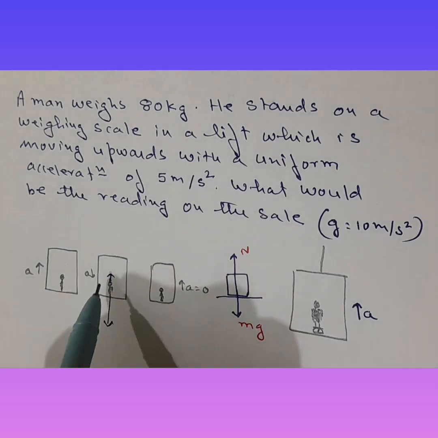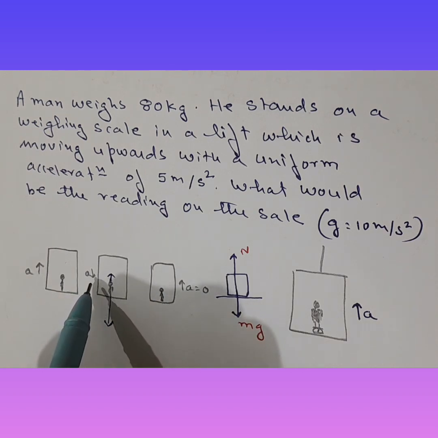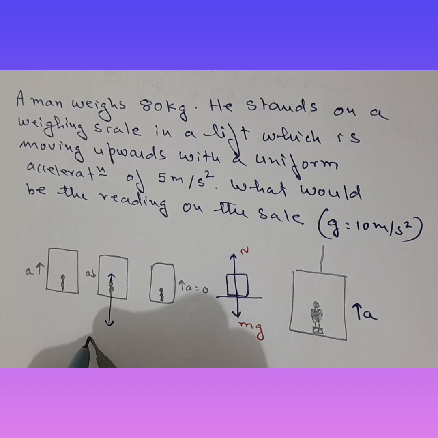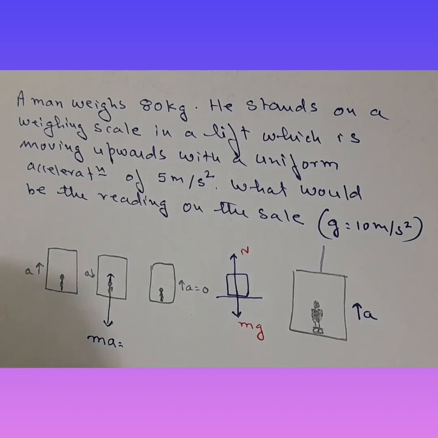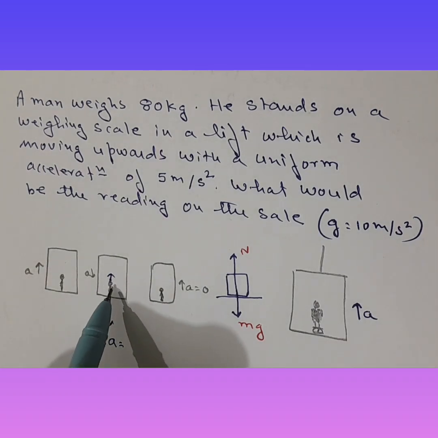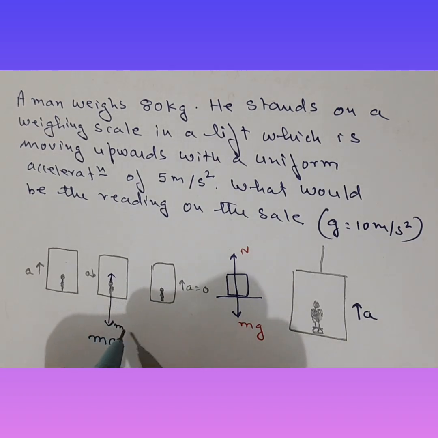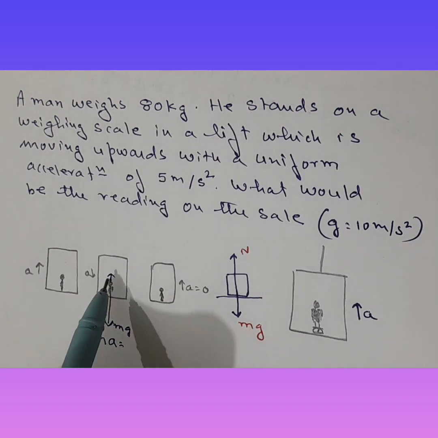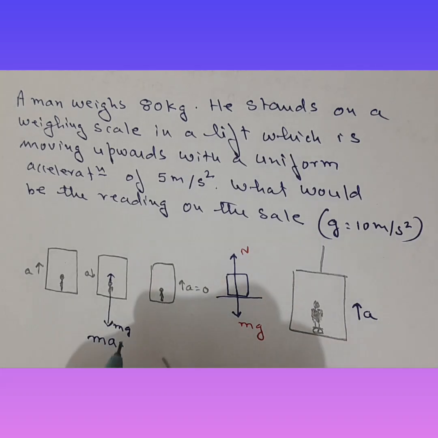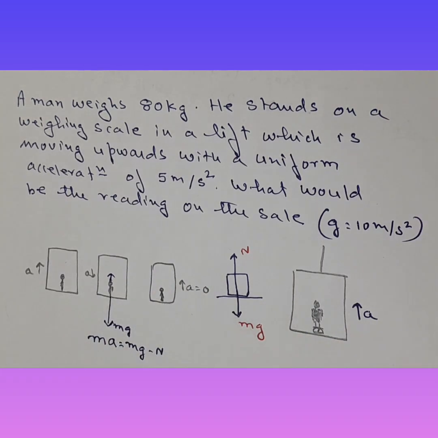It is moving down with an acceleration, so the force that is being experienced is ma. Since you are feeling light, mg is greater than normal. So the equation would be ma equals mg minus n.